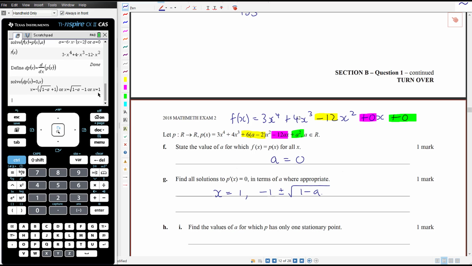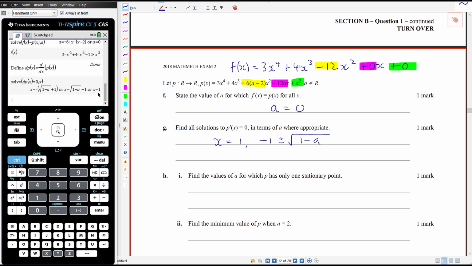Or 3 stationary points I should say. Find the values of a for which p has only 1 stationary point. Okay, so we'll get only 1 stationary point if these points are not defined, and they won't be defined because then we'll just get x equals 1. They won't be defined if 1 minus a is less than 0.